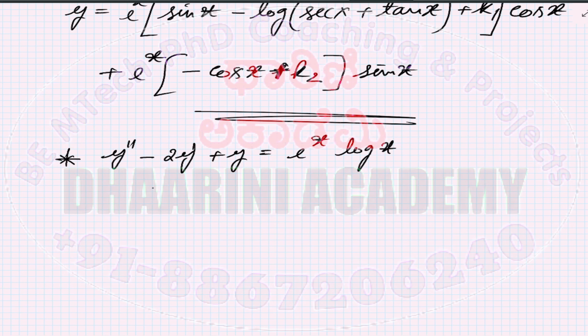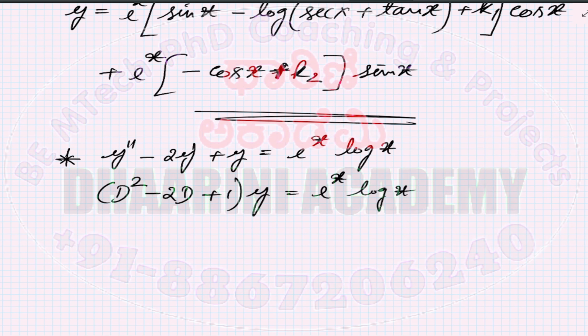So we will convert this into the required format, that is d squared minus 2d plus 1 into y is equal to e to the x log x.